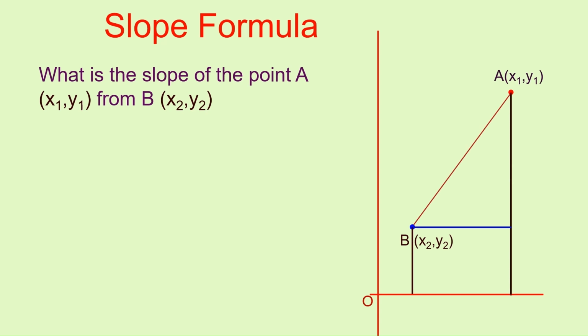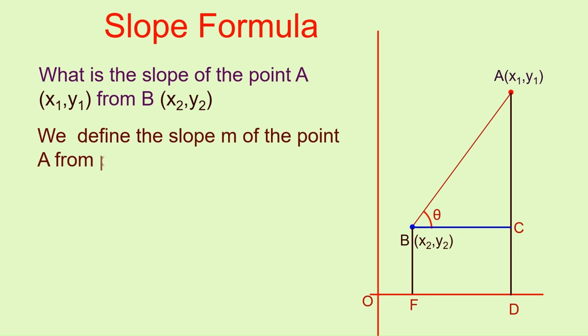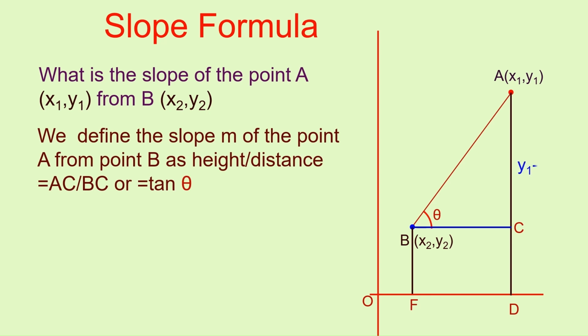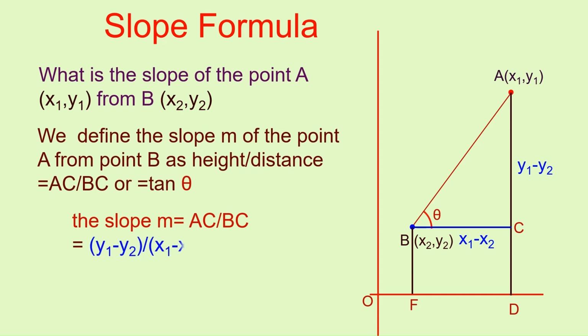What is the slope of the point A (x1, y1) from B (x2, y2)? We define the slope m as height over distance equals AC divided by BC, or equals tan theta. The slope m equals (y1 minus y2) whole divided by (x1 minus x2).